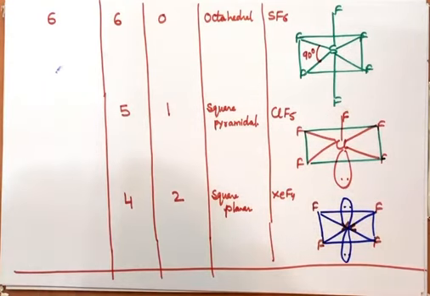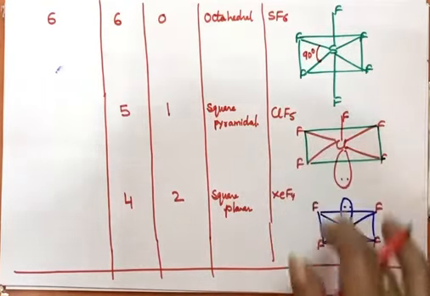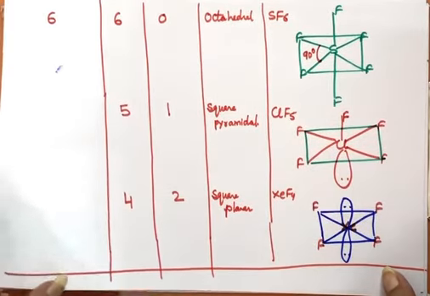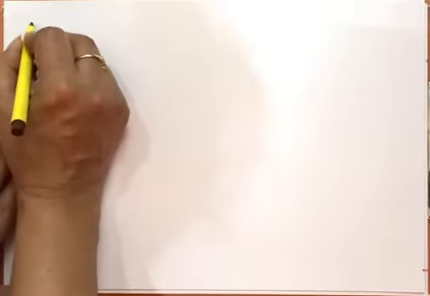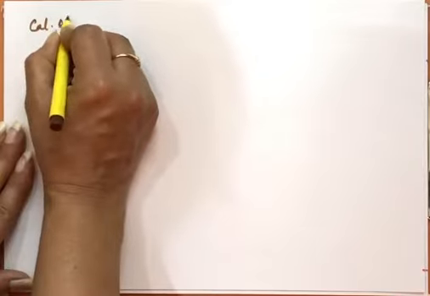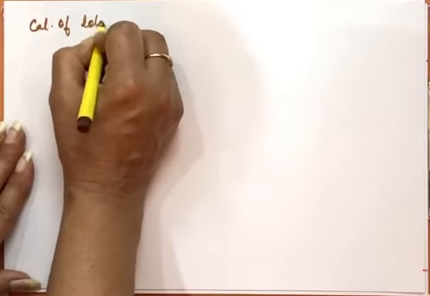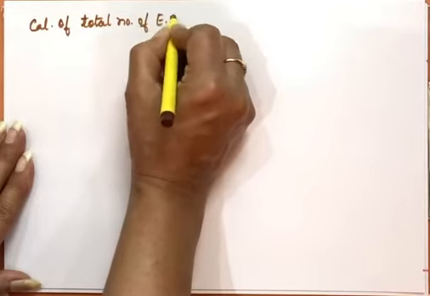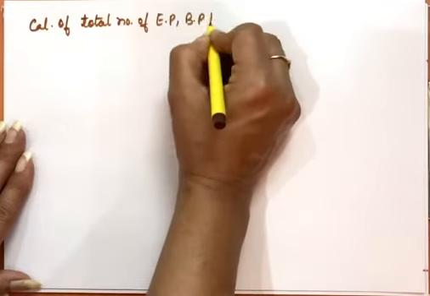Now this is what we have to learn, but if we get some other examples, then there is one hint here to find out the shape of any molecule, that is calculation of the total number of electron pairs, bond pairs and lone pairs.